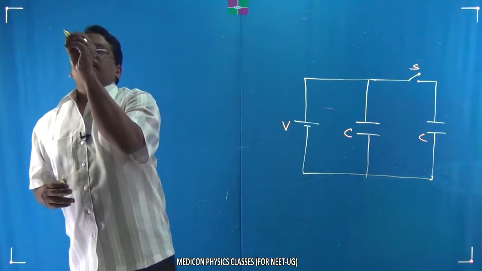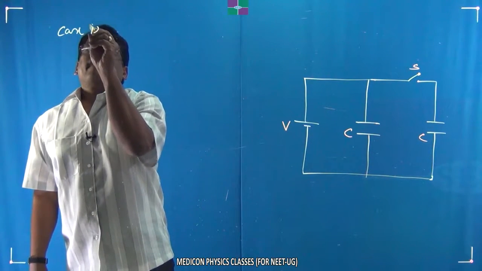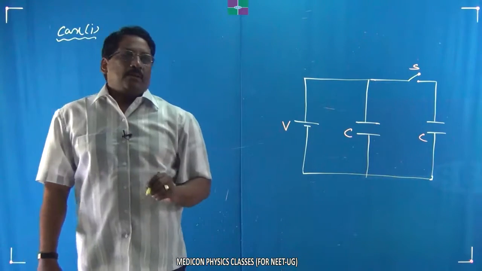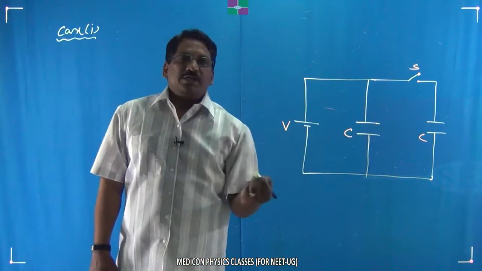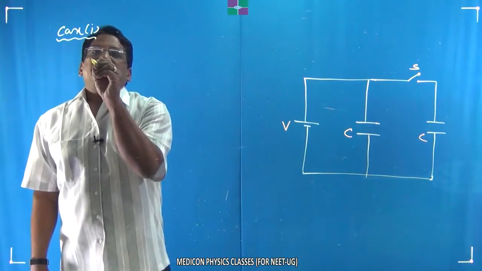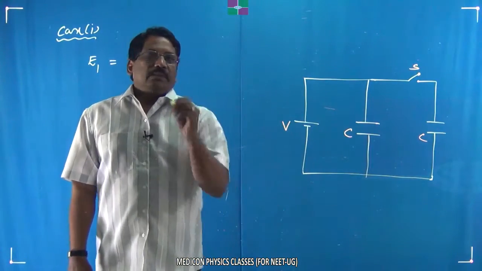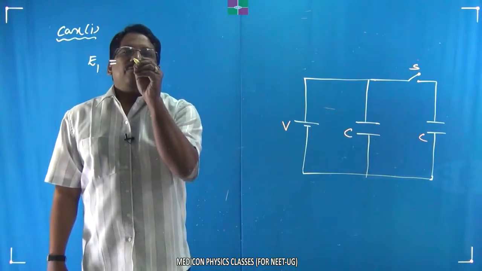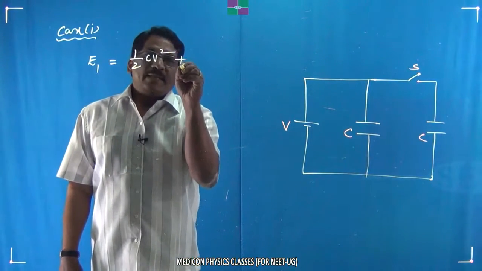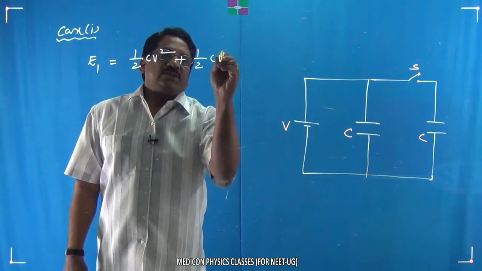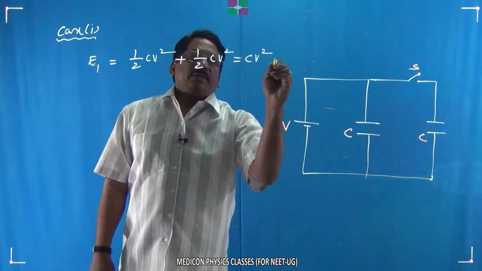So in case 1, with the switch S closed, as V is the potential of each capacitor, the energy of the system E1 is equal to, here the potential being V, half CV square plus again half CV square. This is equal to CV square, equation 1.